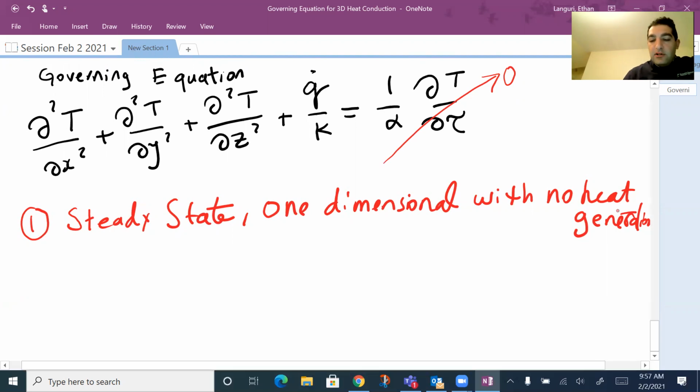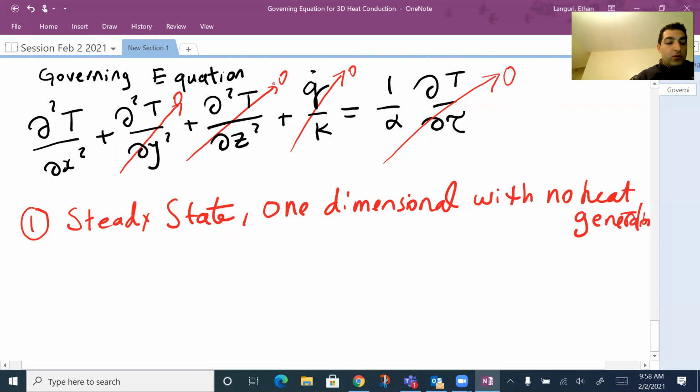Here it says no heat generation, so the heat generation term goes to 0, or we're assuming Q dot equal to 0 because there's no heat generation inside that particular problem. And it's a 1D problem, so you keep one dimension and drop the other two. Let's keep the x direction and drop y and z.